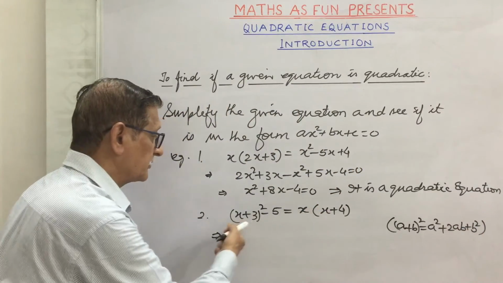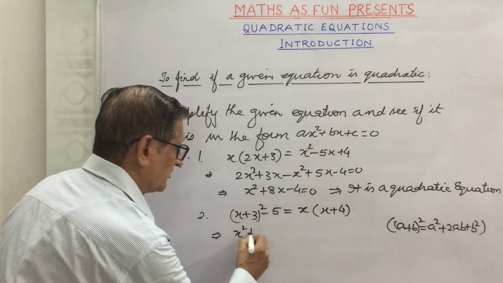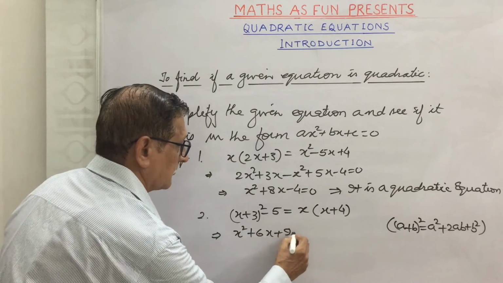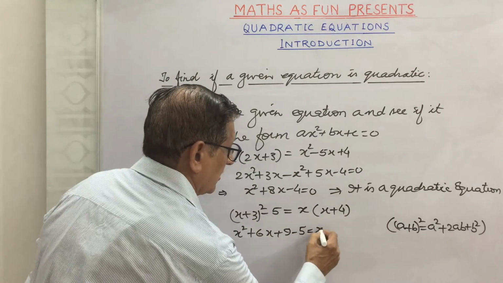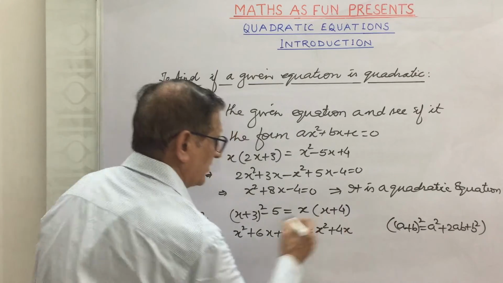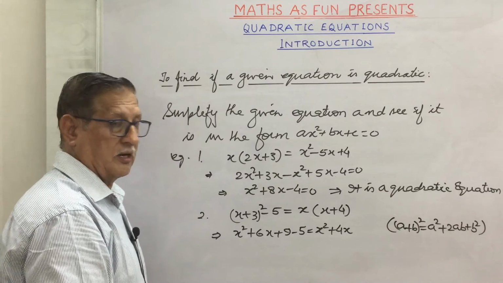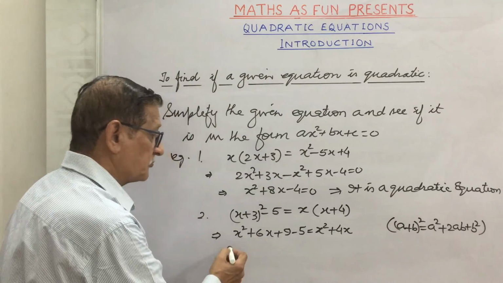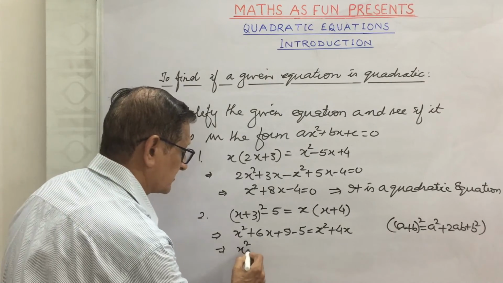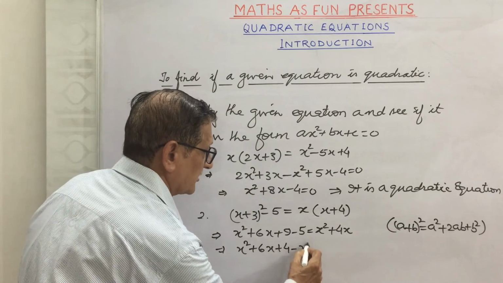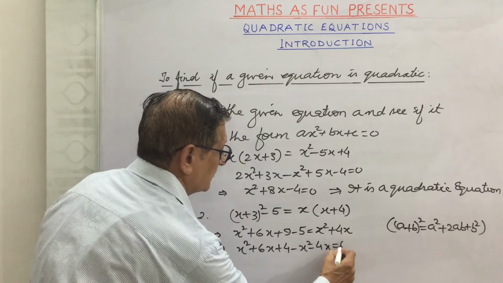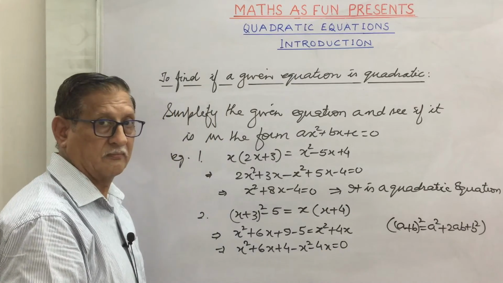We apply this identity here, so this will be x² + 6x + 9 - 5 = x² + 4x. And on transposing, this becomes x² + 6x + 4 - x² - 4x = 0.